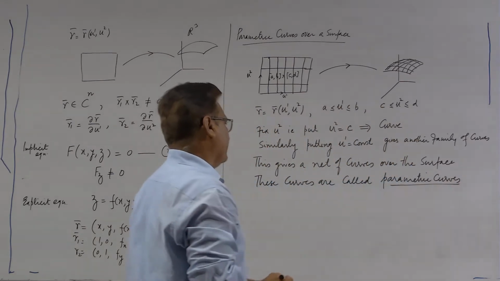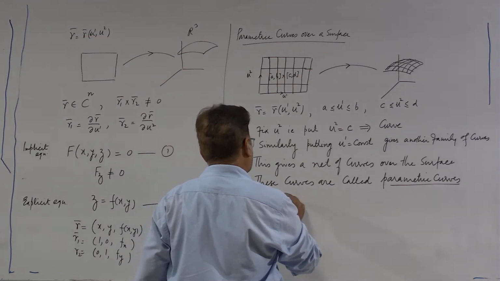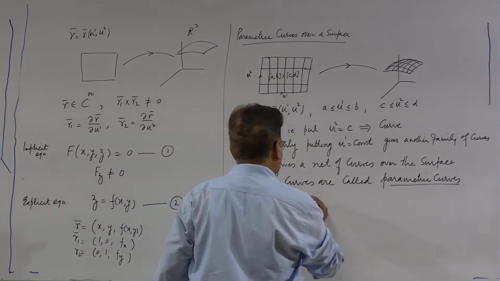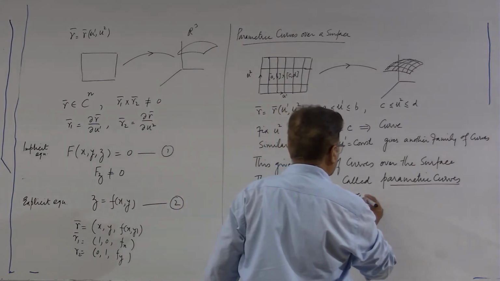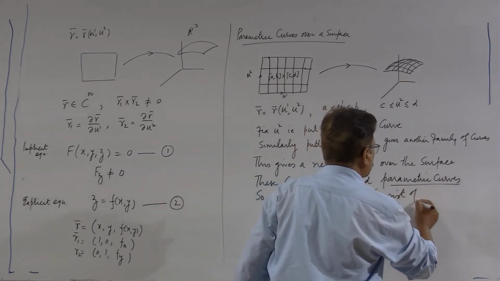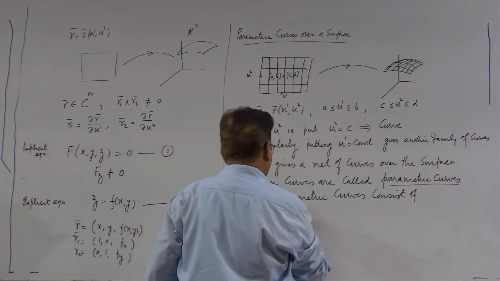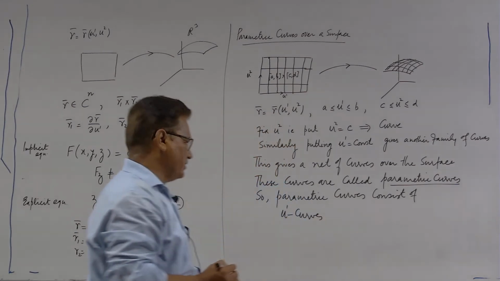And parametric curves consist of U1 curves. I will be calling a family of curves a U1 curve.